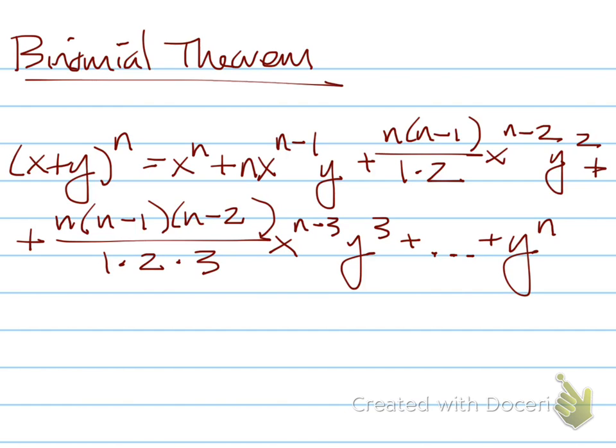The second term in the expanded binomial is going to be the power of the binomial, times the first term of the binomial to the n minus 1 power, times the second term in the binomial to the first power. That pattern continues all the way until the last term in the expanded binomial is the second term to the power of the binomial.